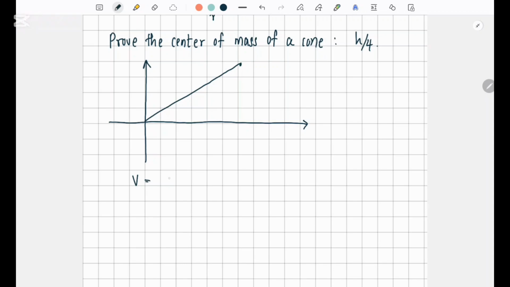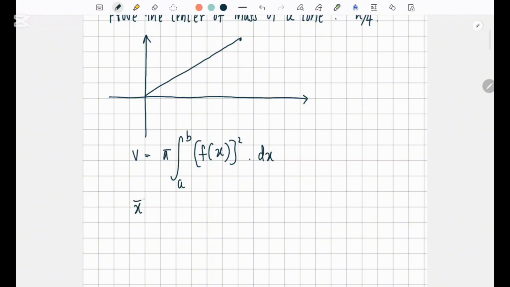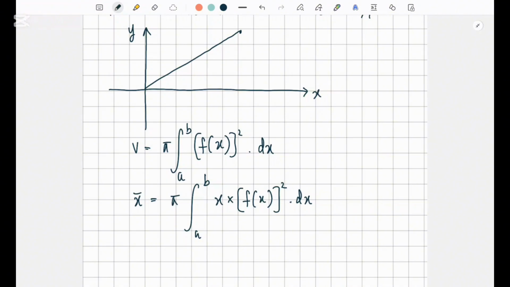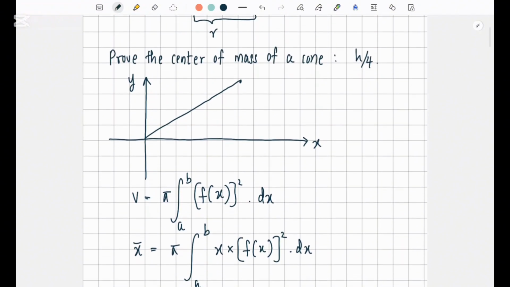The volume is given by pi into the integration of intervals a to b of f(x) squared dx, and the center of mass along the x direction is pi into the integration of intervals a to b of x into f(x) squared dx. These are the two formulas you need to know to prove that the center of mass of the cone is h over 4.